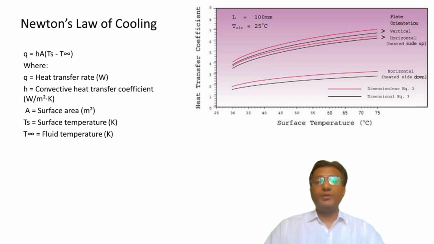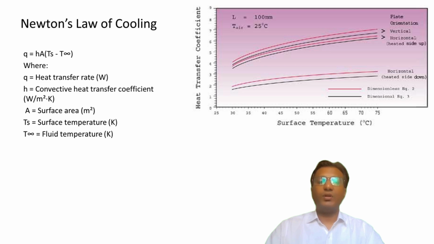The heat transfer coefficient h is very crucial as it reflects the efficiency of heat transfer and depends on fluid properties, flow patterns, and surface orientation. In natural convection, h is typically lower compared to forced convection due to slower fluid motion, ranging from 2 to 20 watts per meter squared Kelvin for gases and 5 to 1000 watts per meter squared Kelvin for liquids.